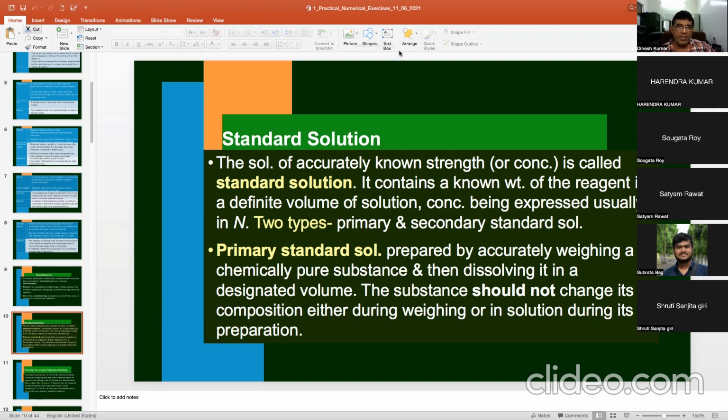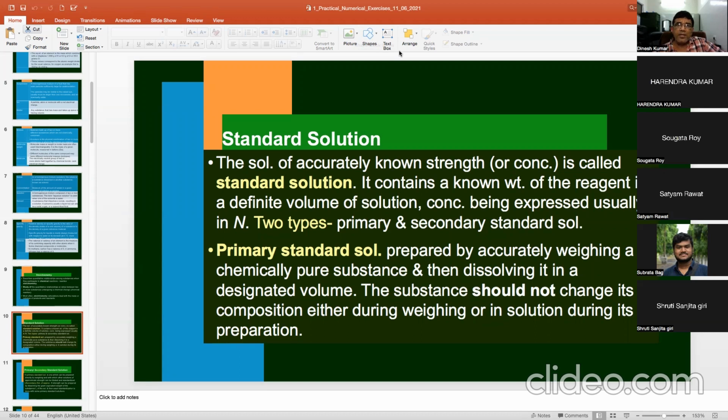They will remain as such, and you can accurately take the weight and mix it in a known volume of the liquid or solvent, and then you can write down the concentration in normality with surety that it is 2 normal or 3 normal or 0.1 normal strength.